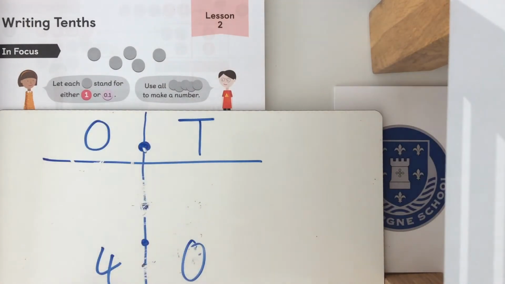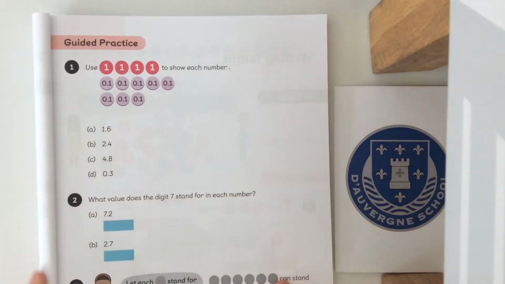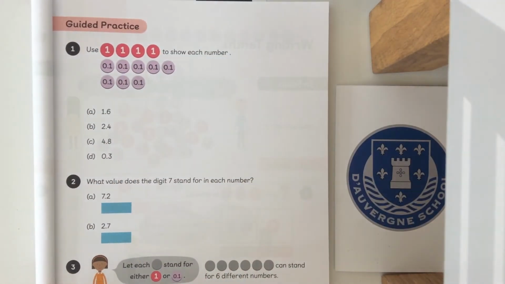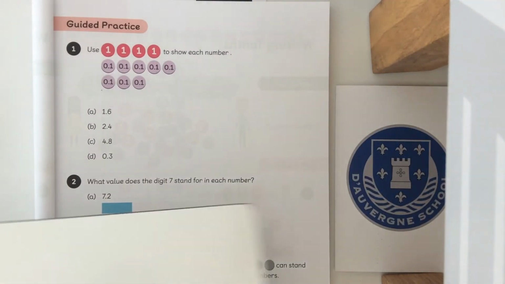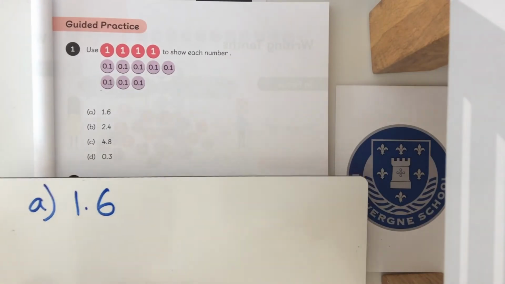Okay, right, let's have a look at our guided practice. So, you're going to use the 4 number discs and the 8 0.1 or 10th number discs to show each number. Okay, so for example, for A, we need to make 1.6.